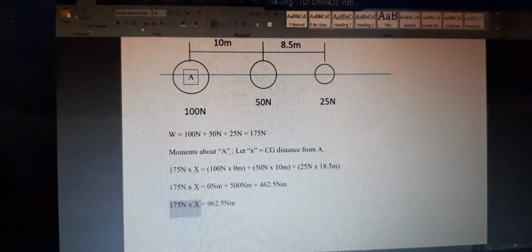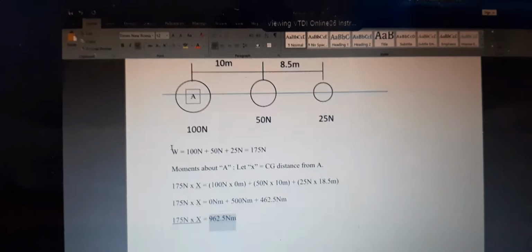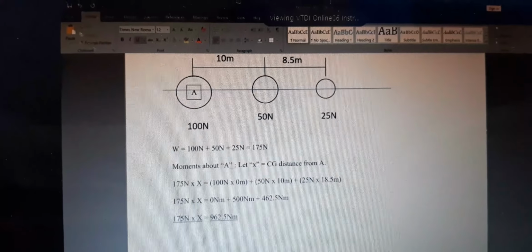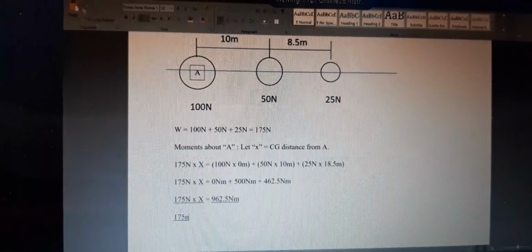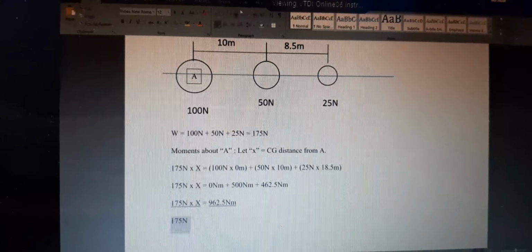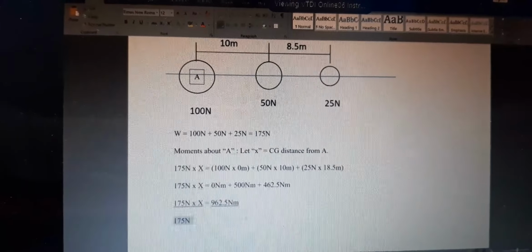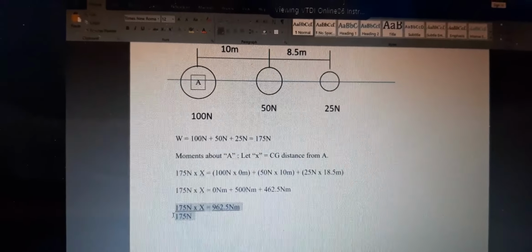And we're trying to find X, yeah? So we're going to have to divide both sides by that 175 Newton. Let's be clear. We can't just drop the unit and say it doesn't exist, because it actually exists. That's how we're going to get distance, because look what happened.